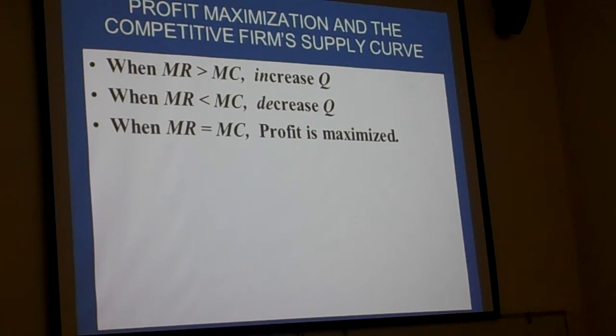Marginal cost is $2, meaning, due to diminishing marginal product, I increase my output, and then it costs me $3. Still below marginal revenue, I increase it again, now $4, now $5, right? So I increase my output until marginal cost equals marginal revenue.